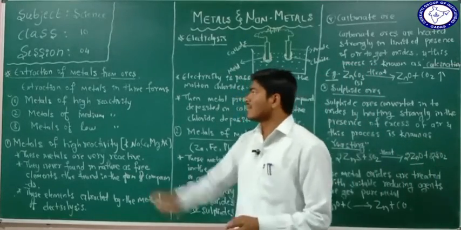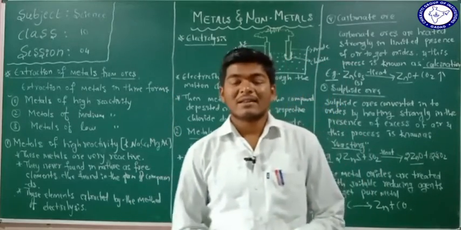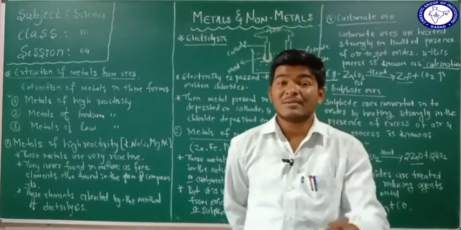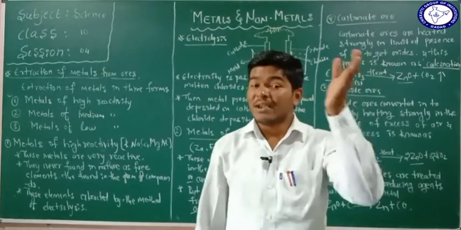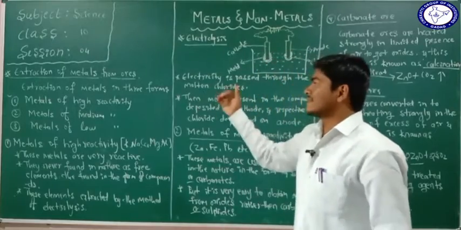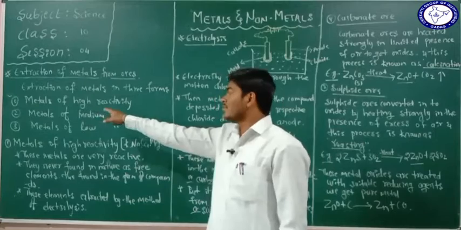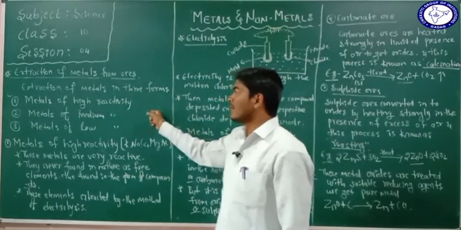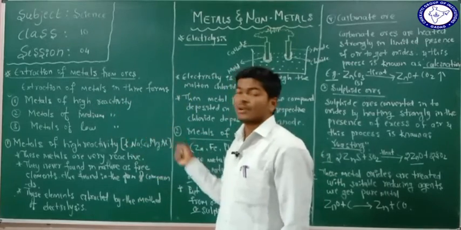So I start with the extraction of metals from ores. Already we know that metals can be listed based on the reactivity series in decreasing order, isn't it? Based on that reactivity series, we are going to classify the extraction of metals into three forms: the extraction of highly reactive metals, the extraction of medium reactive metals, and the extraction of low reactive metals.